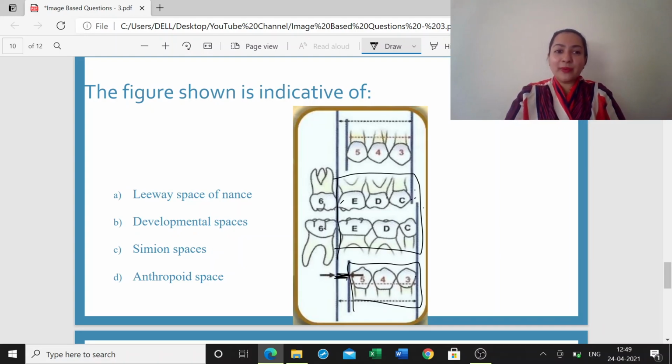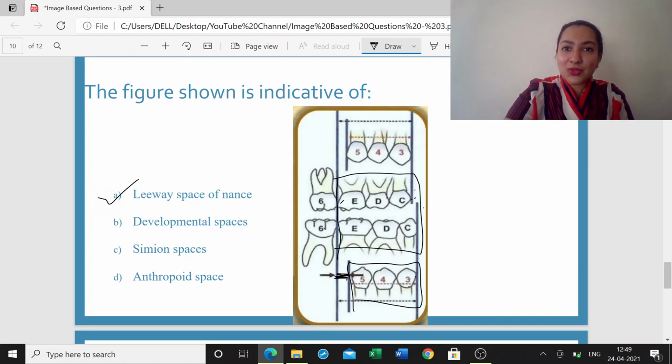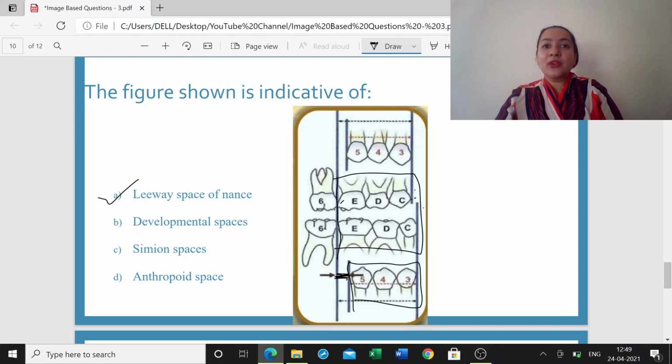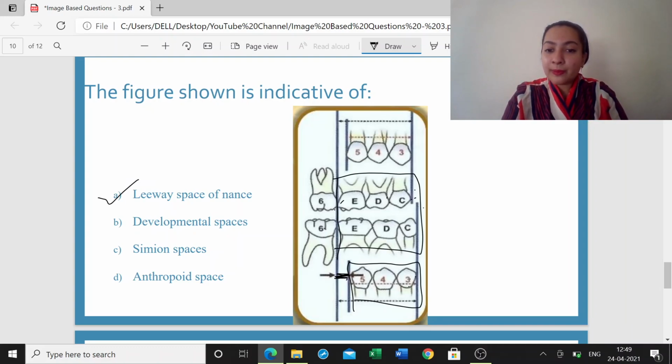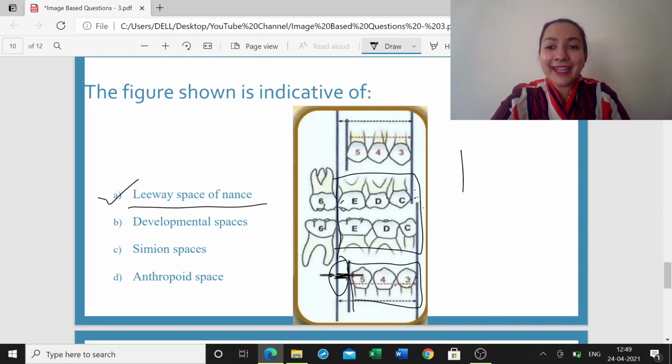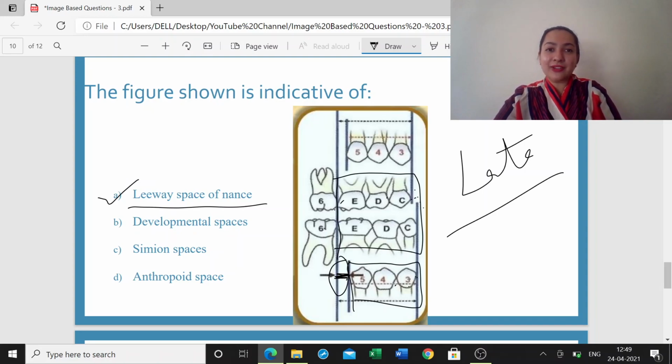Okay, so this phenomenon, this space, is known as leeway space of Nance, whose definition goes by the combined mesiodistal width of permanent canine and premolar is usually less than that of primary canine and the molars. So this excess space is your leeway space of Nance, which is used during late mesial shift. Do not get confused between early and late mesial shift.